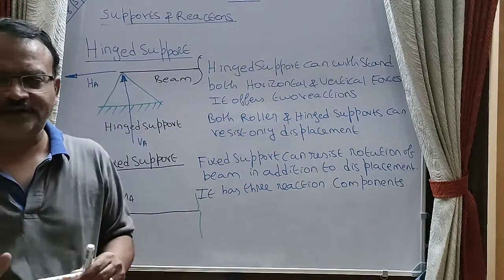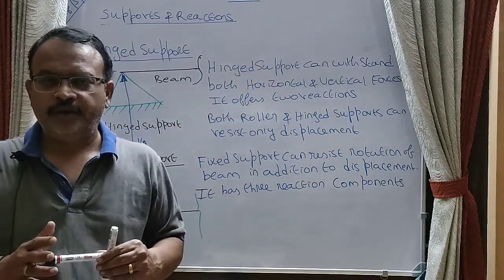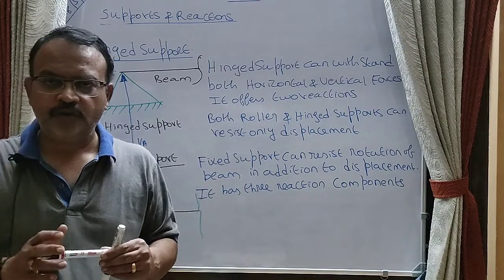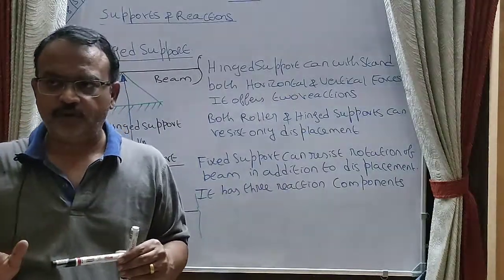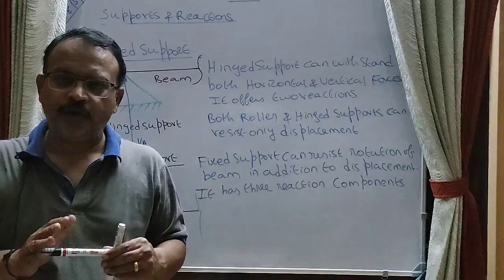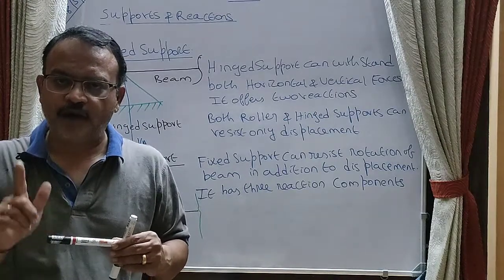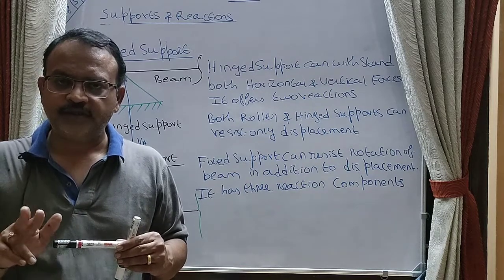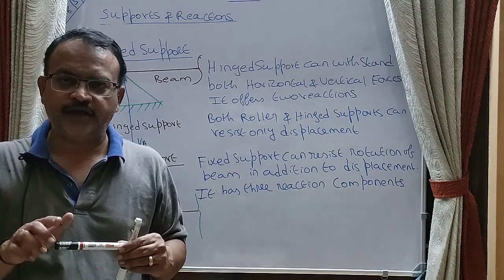So we have seen three supports today. One is a roller support, another one is a hinged support, the third one is a fixed support. Roller support offers only one reaction normal to the plane. Hinged support offers two reactions, one vertical, another horizontal.